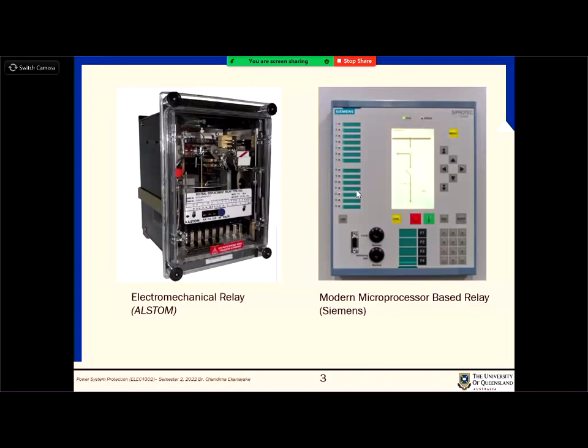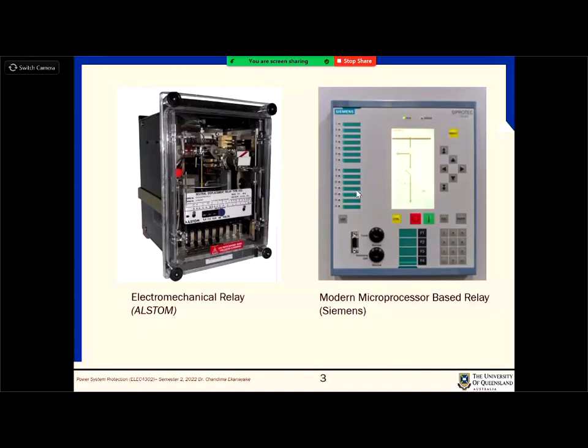So those are the modern microprocessor based relays, right? They are advanced, but since they started with these electromechanical relays, the concept is still the same. You are doing the same thing, but with some numerical calculations.